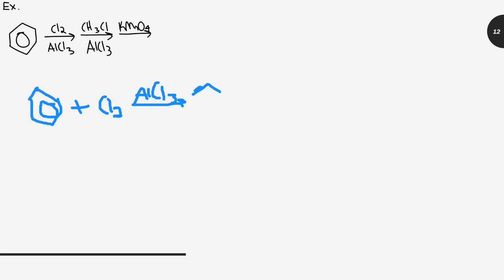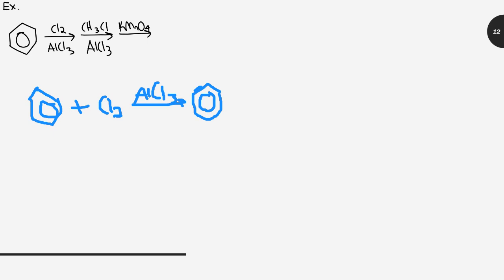I didn't write out any of the byproducts really. Sometimes he writes them, sometimes he doesn't. I would on the test just to be sure. But because they're byproducts and they're not organic, we don't necessarily care about them.